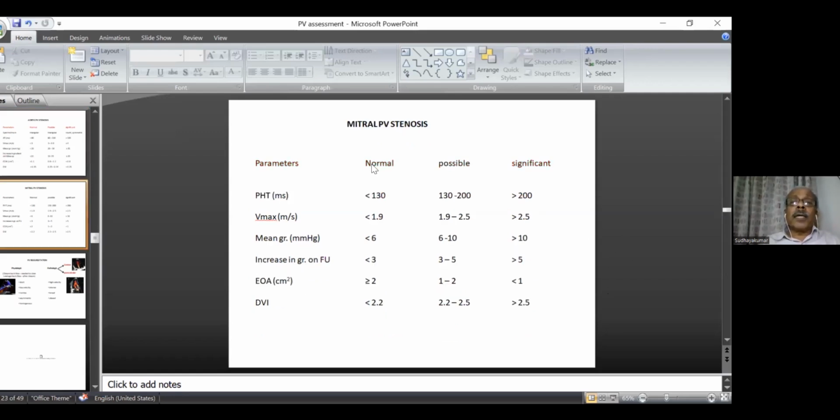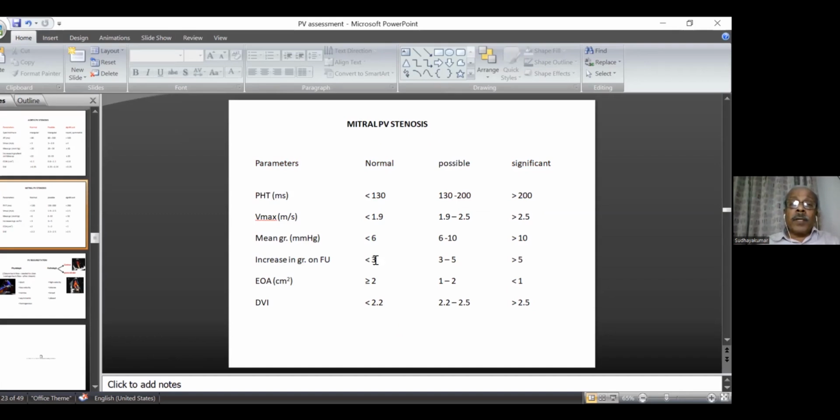Correspondingly in mitral prostheses, pressure half time less than 130 is normal, more than 200 is significant. Vmax less than 1.9, more than 2.5. Mean gradient is useful: less than 6 at optimal heart rate, not when the patient has a fast rate. In AF, you have to take multiple values. A gradient less than 6 you can get in any valve, and more than 10 is significant stenosis.